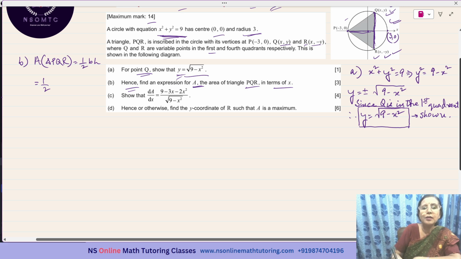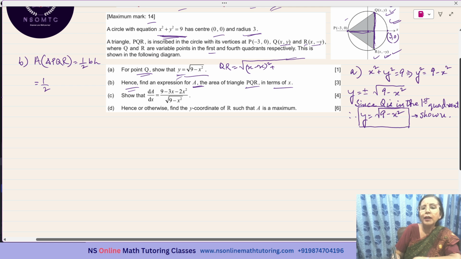So let me just find QR over here using the distance formula. x2 minus x1, both are x, so (x minus x) whole squared plus this is minus y minus y, that is plus y.